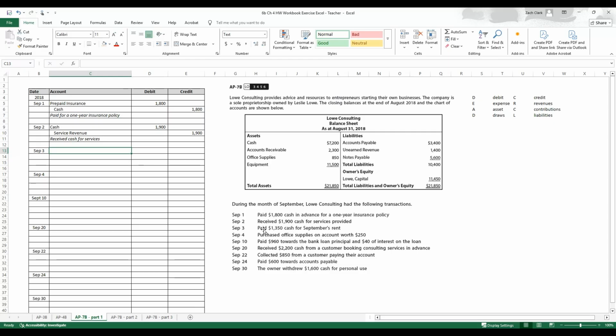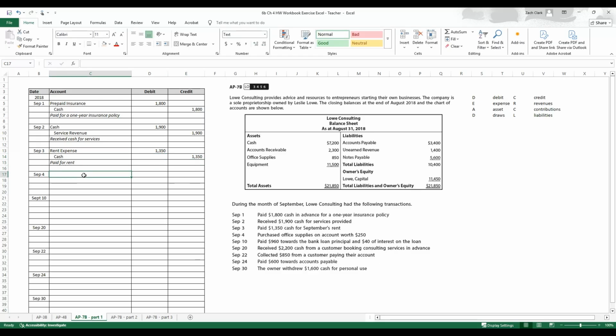So we're going to increase our expense. So expense increase is a debit, and we're going to decrease our asset. So the asset decrease is a credit. We're going to say rent expense and cash paid for rent. Pretty straightforward. And how much was this? $1,350 there.